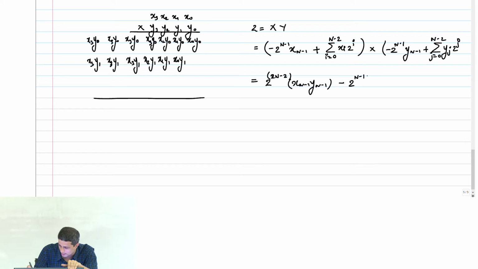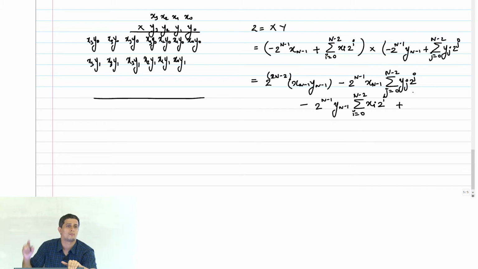Then minus 2 power n minus 1 x n minus 1 summation j equals 0 to n minus 2 yj 2 power j. Then the third term, minus 2 power n minus 1 y n minus 1 summation i equal to 0 to n minus 2 xi 2 power i, plus the positive term multiplication, which is summation xi 2 power i summation yj 2 power j.